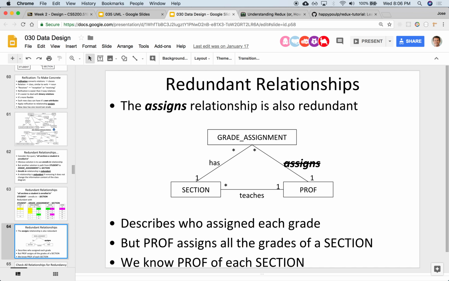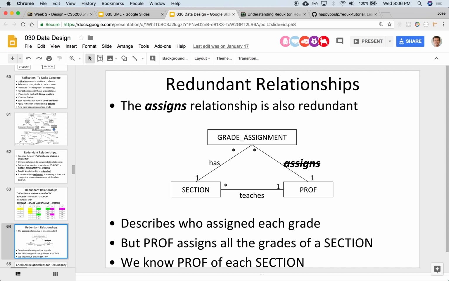Another fact here, you have another redundant relationship here. We have assigns: the professor assigns the grade. But you can also answer the questions this way. You have a grade assignment section and then the professor. So it's redundant to also point to the professor from this grade assignment, so we decide to remove it. We can determine who, because we already know who teaches the section.